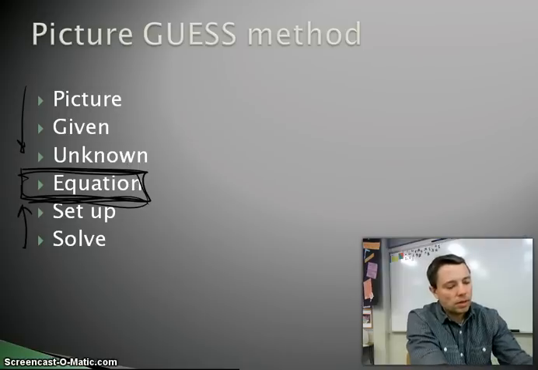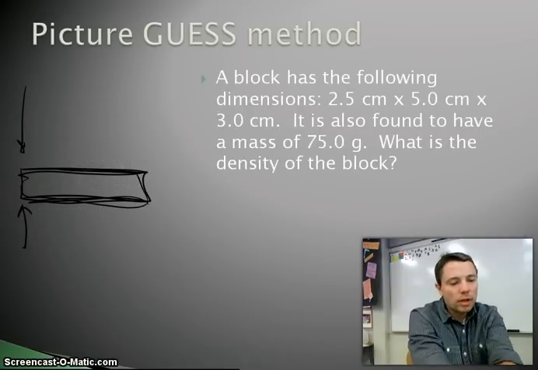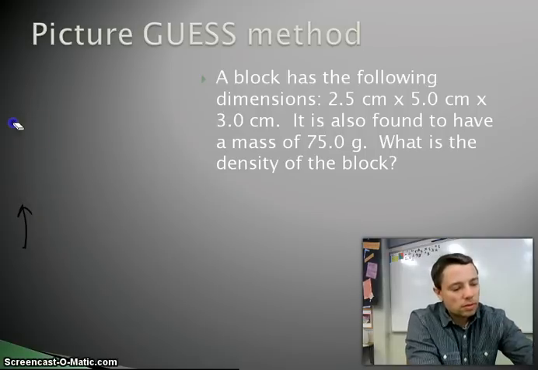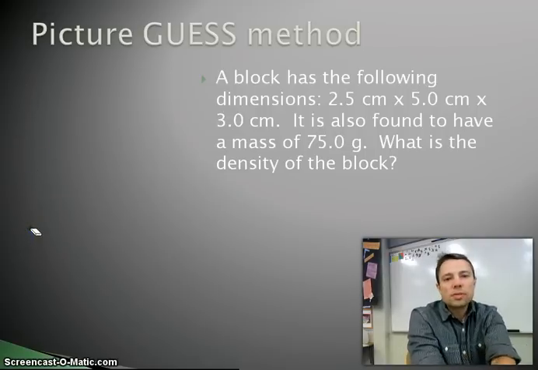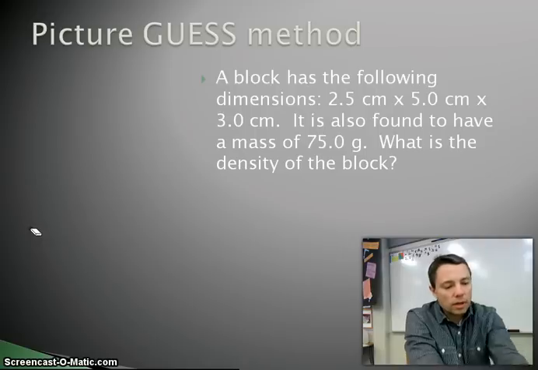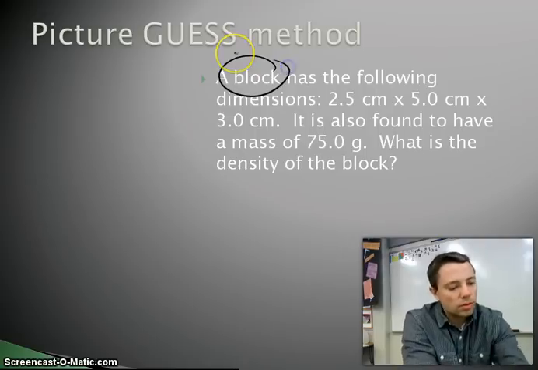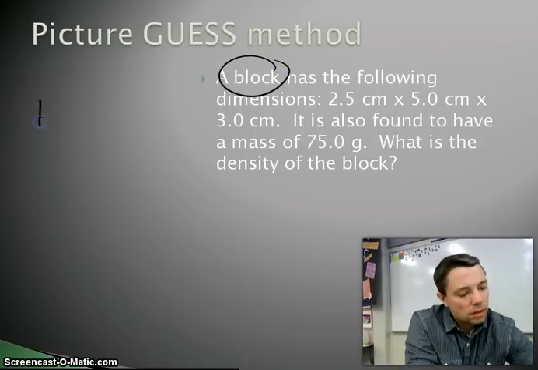So let's take a look at an example problem. I have a block that has some dimensions, and it has a mass, and they're looking for its density. Reading through it, I say, okay, it's a block, so I'm going to draw a picture of a block.